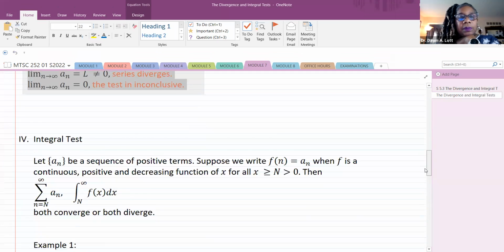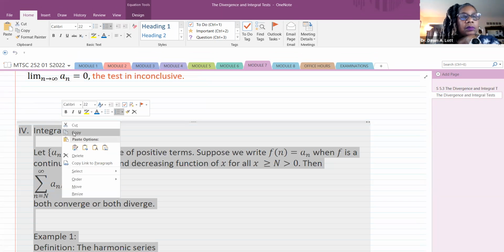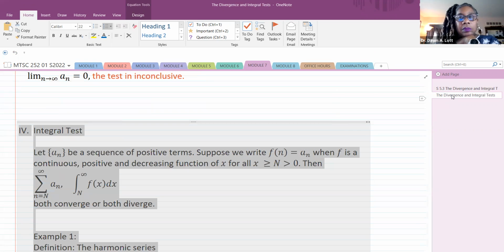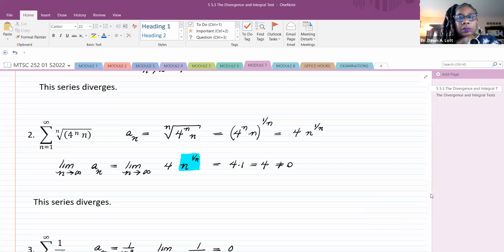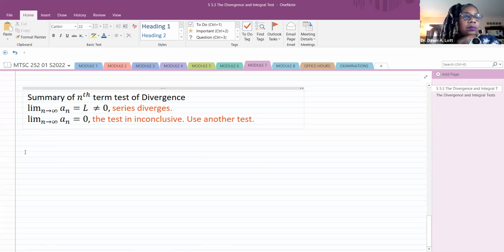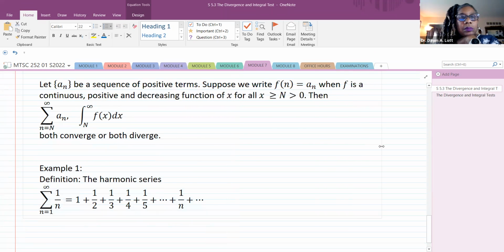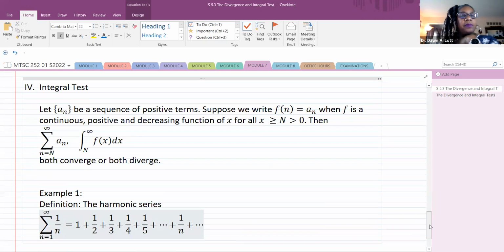All righty. Next is the integral test. Okay, so here's the integral test. I'll give you some time to write it down.